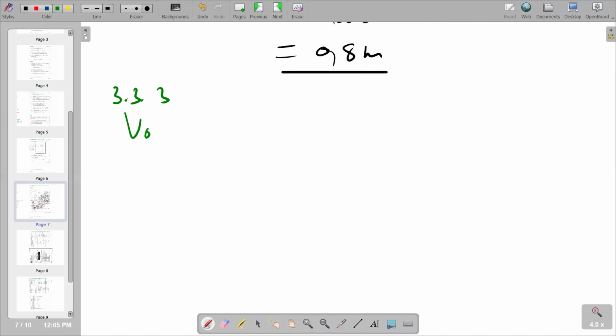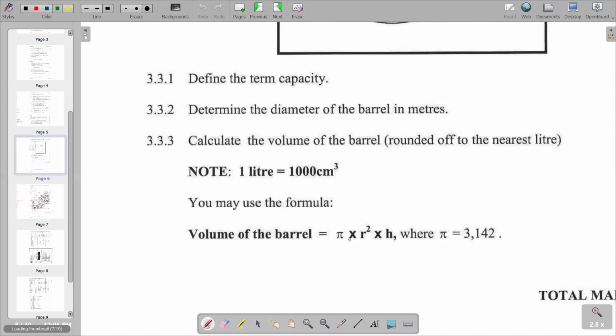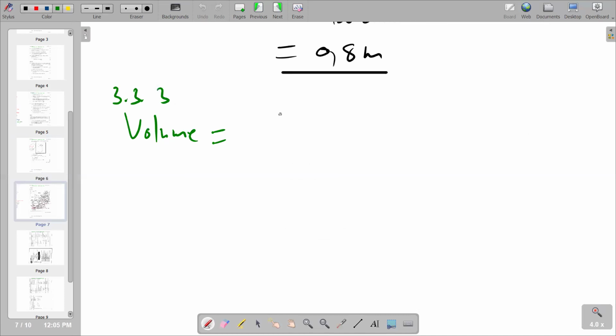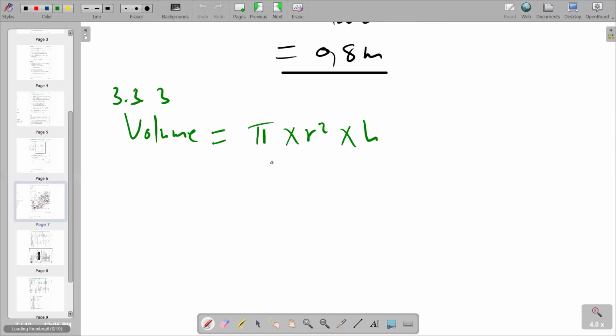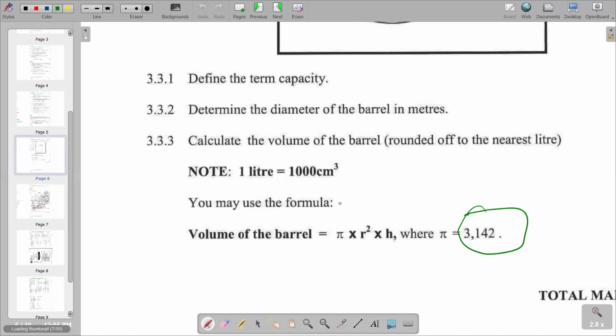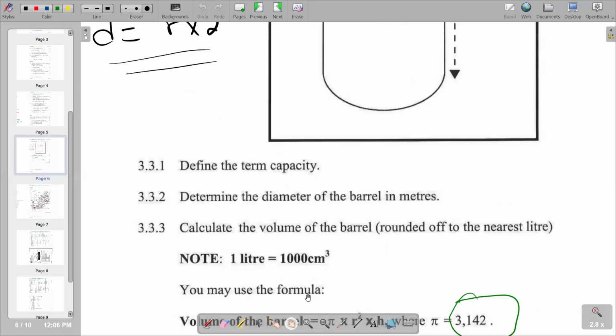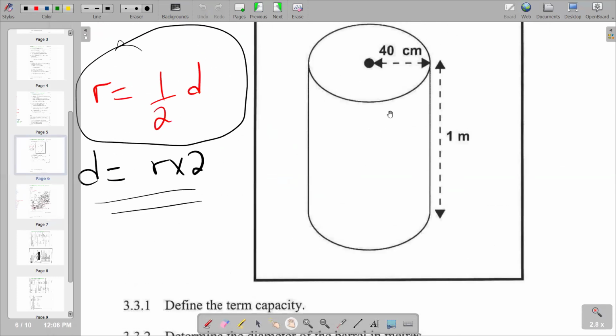So we are saying volume is equal to pi times r squared times h. And then we have got our pi with 3.142 times our r squared, of which our r, we are given it here in centimeters, it's 40 centimeters.